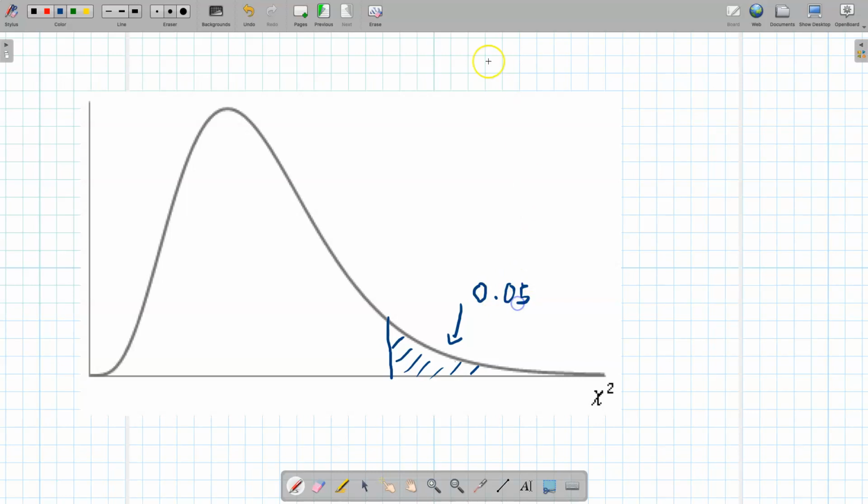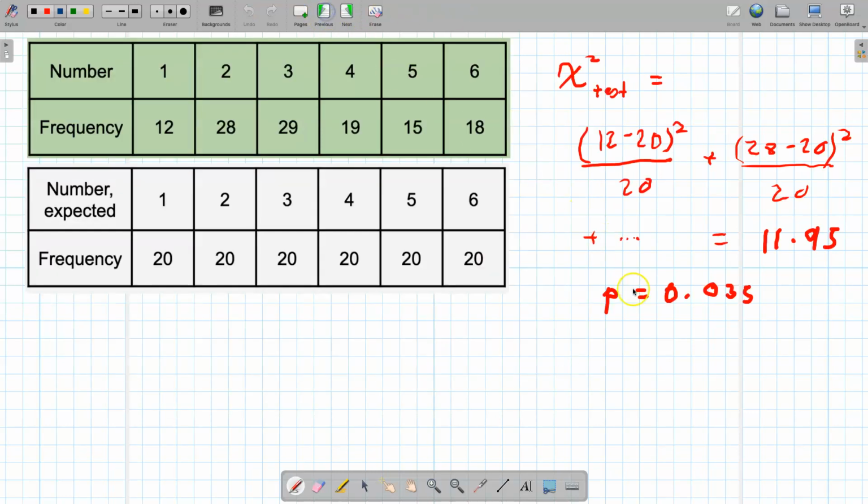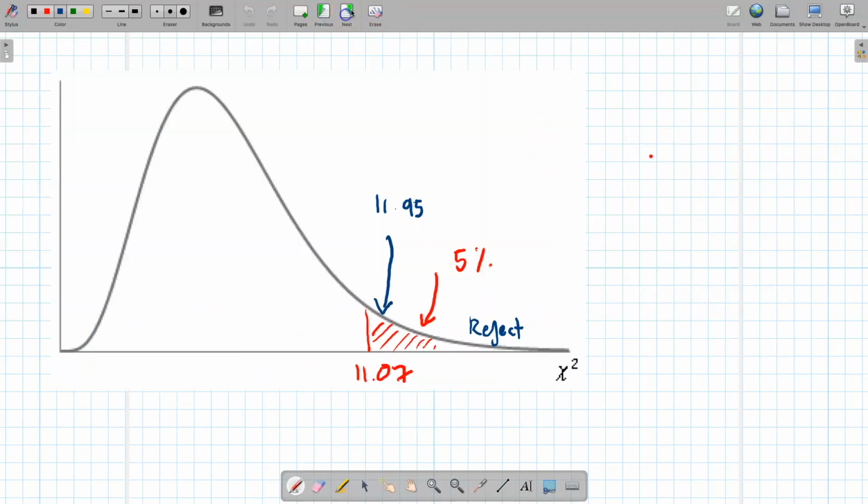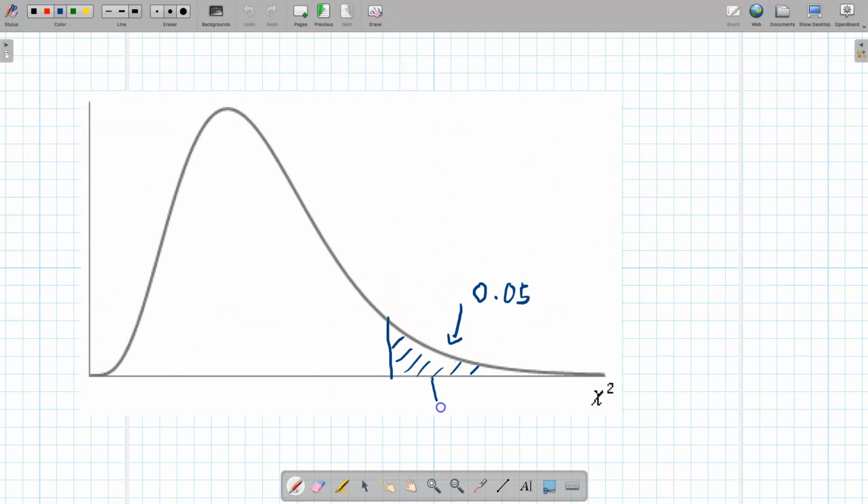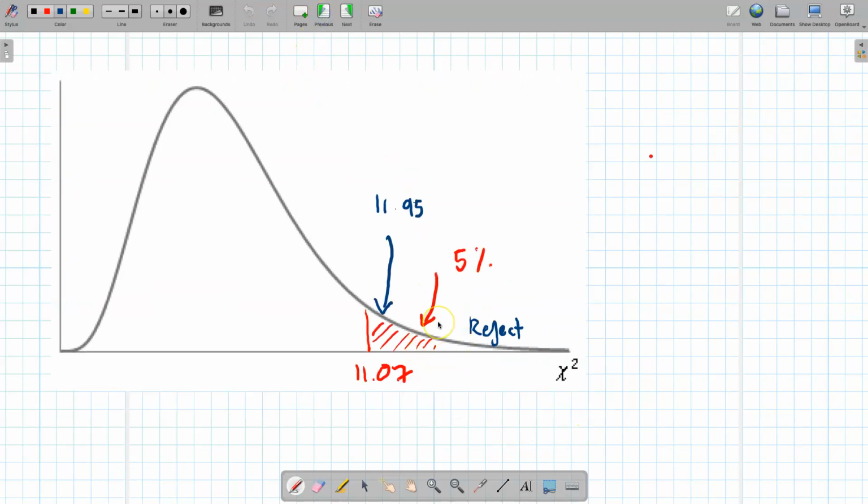Now, if I go back and look at my p-value, we've got 0.035, so p is within here. That means I am again going to reject H0, similar to the last one. It all ties in very, very similar to the chi-squared of independence and even the t distribution.